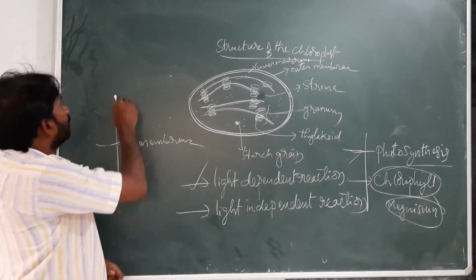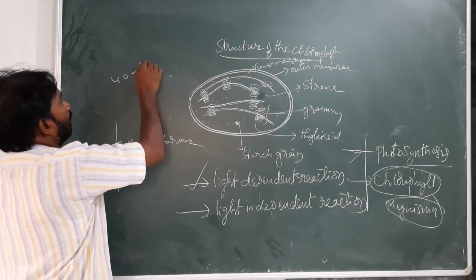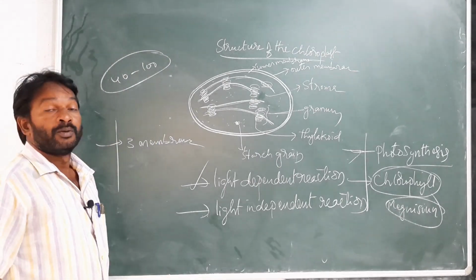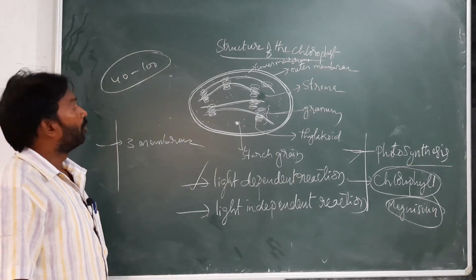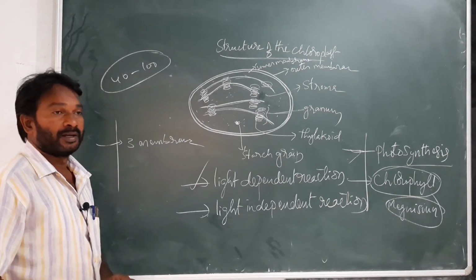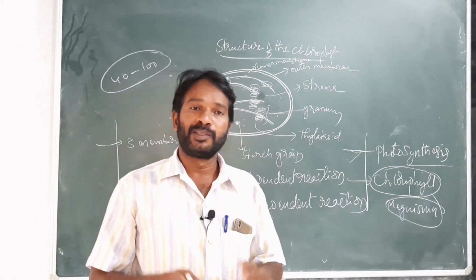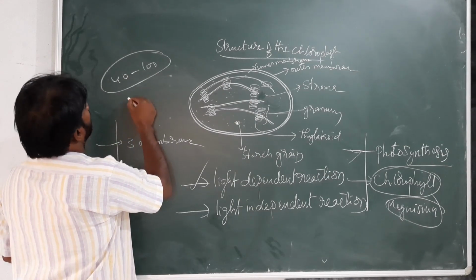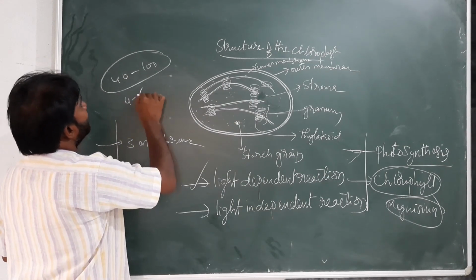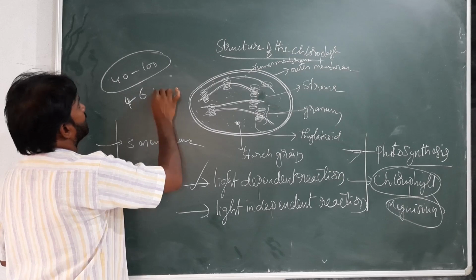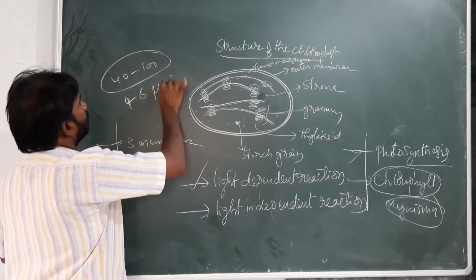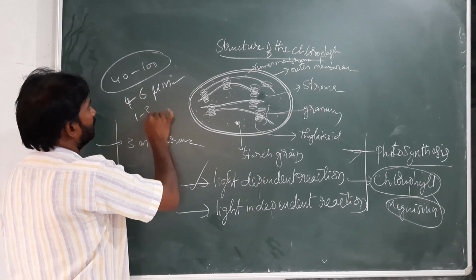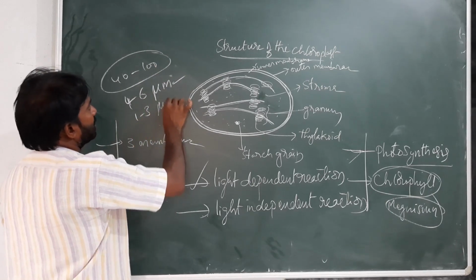There are 40 to 100 chloroplasts within a cell. The diameter of the chloroplast is 4 to 6 micrometers, and the thickness is 1 to 3 micrometers.